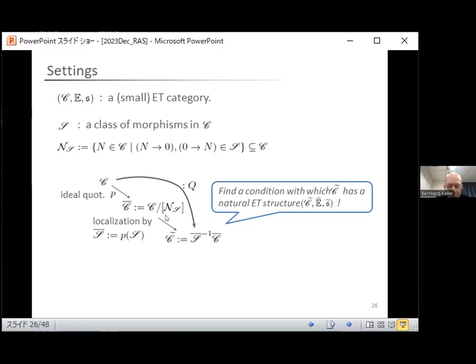I mean, maybe that's also a good category, but it would be a quotient already of the homotopy category.